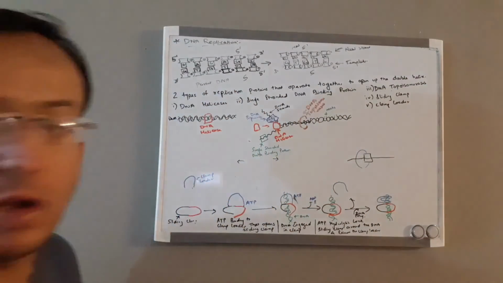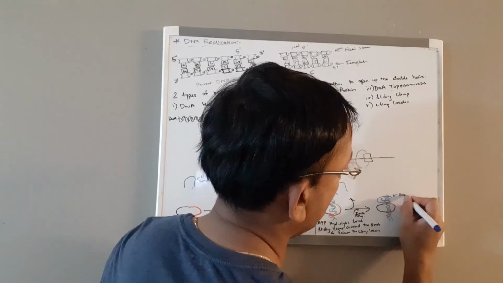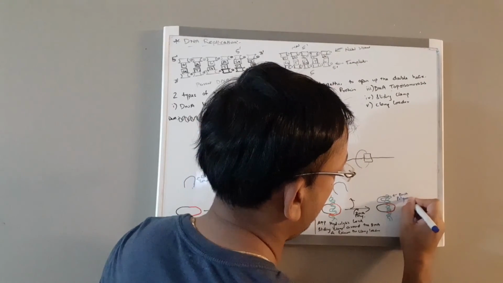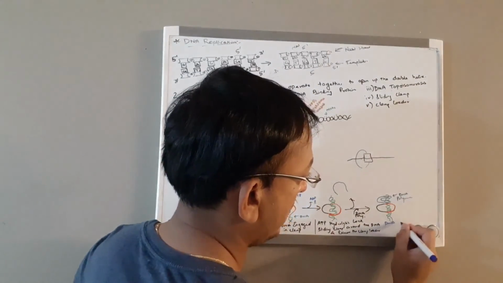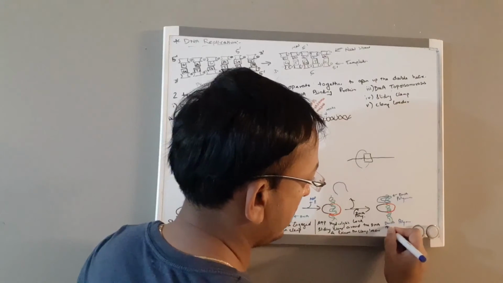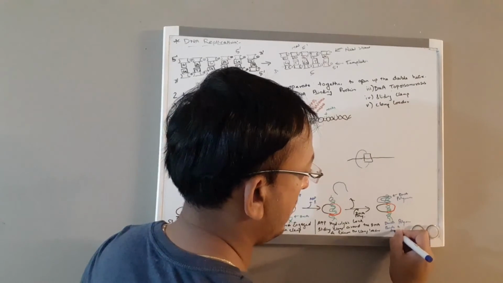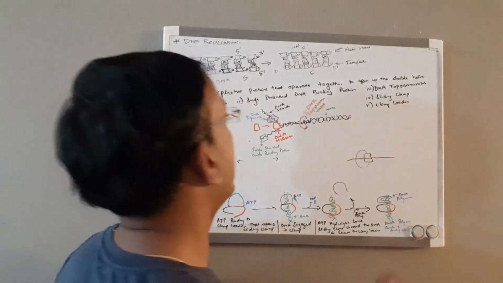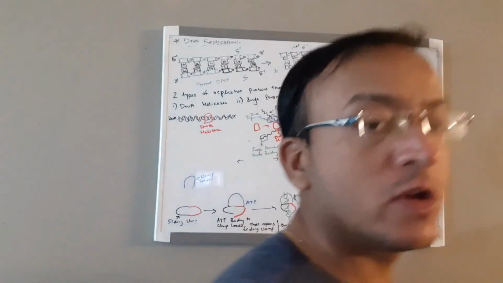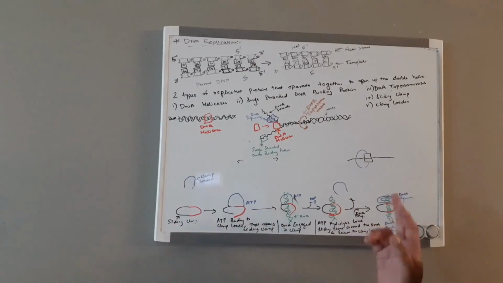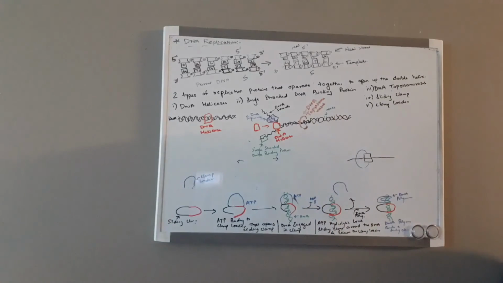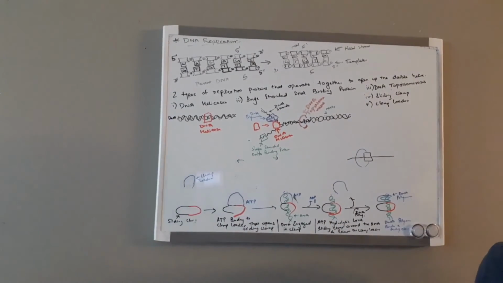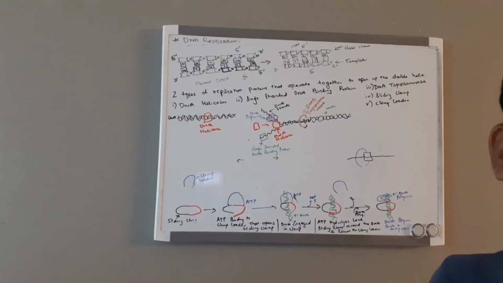Something like this is our DNA polymerase, and I'll name it here, polymerase. So that will bind to the sliding clamp, right? So the DNA polymerase will bind the sliding clamp. This is the clamp that we need for the DNA polymerase to move along without falling off the DNA template, right?